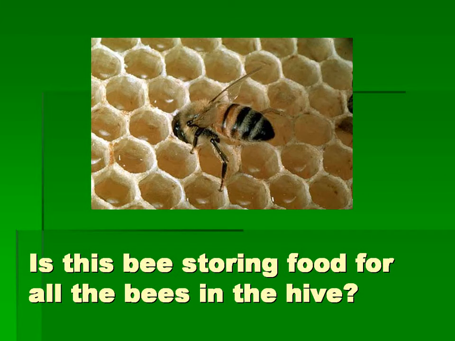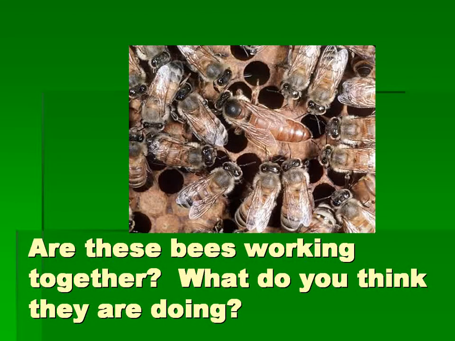The teacher's not trying to tell them or teach them about honeybees, but the teacher is using a familiar graphic to summon from the students what they already know about communities. Again, just another perspective on how this might be used. Are these bees working together? What do you think they are doing?